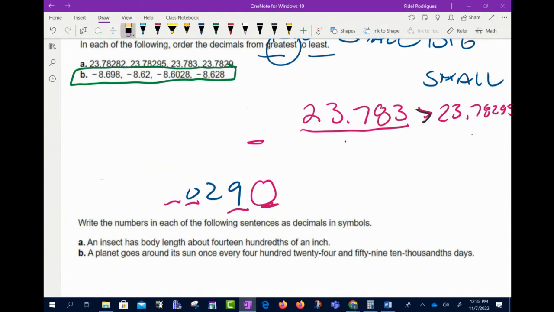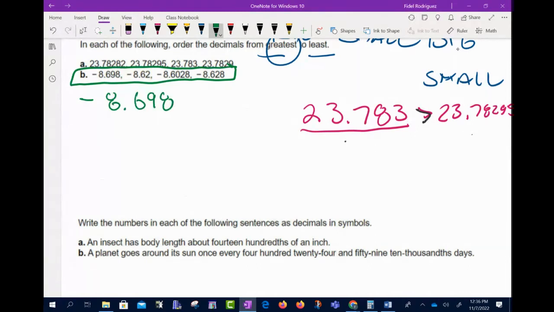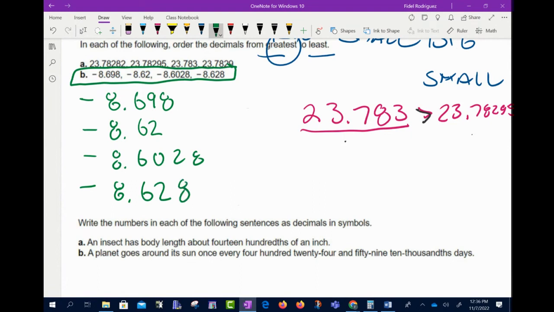Okay. So for part B, this is how I would write my numbers. Negative 8.698, negative 8.62, negative 8.6028, and negative 8.628. Okay.